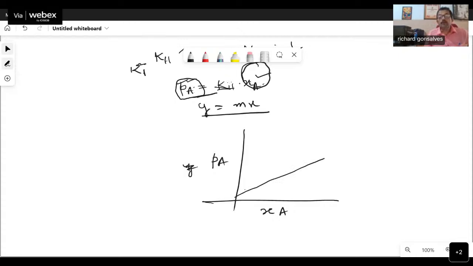The slope should be equal to KH. Therefore, the partial pressure of the gas above the liquid is directly proportional to XA. I have put it a little up, but it should pass through the origin.